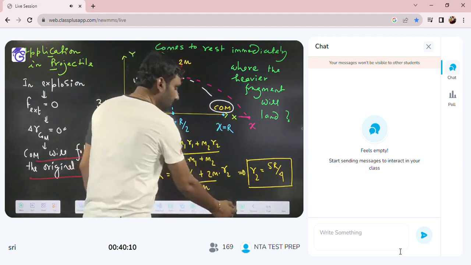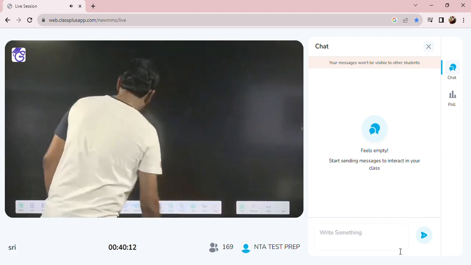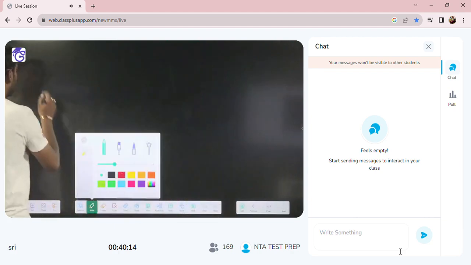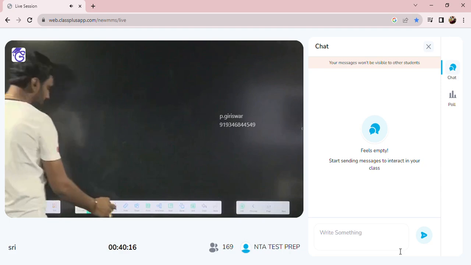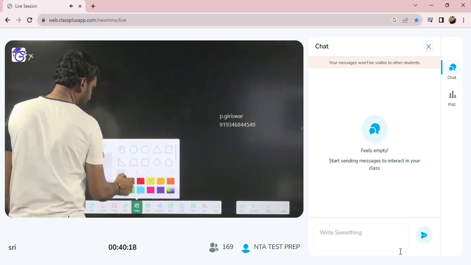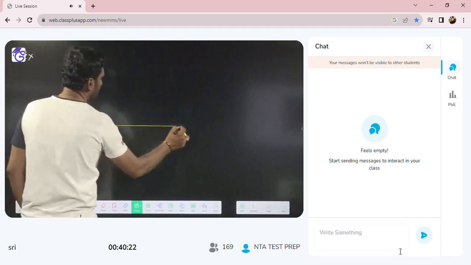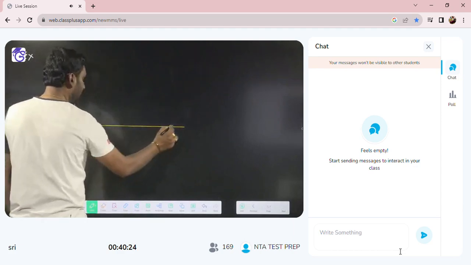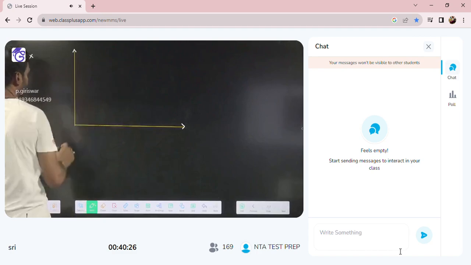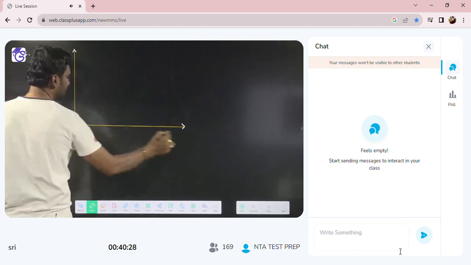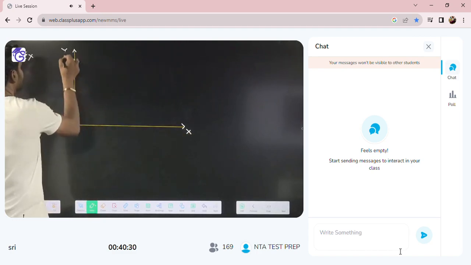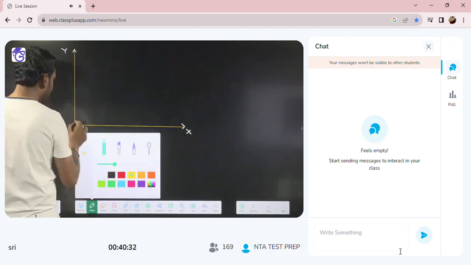So now we'll do a trial question. This is now a trial question. Quick practice time. So this is the x-axis, this is the y-axis. Here there is a mass.